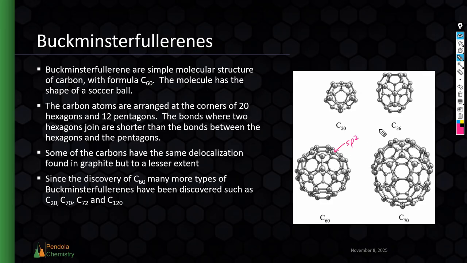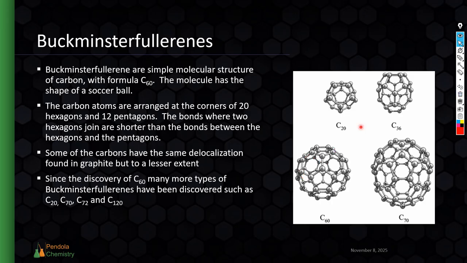Because the carbons are sp2 hybridized, they have those p orbitals that stick out and can form together to create the delocalized area of electrons. Now, unlike graphite, however, Buckminsterfullerenes do not conduct electricity. The main reason, which we're going to discuss in the next slide, is because the spheres act like separate particles.